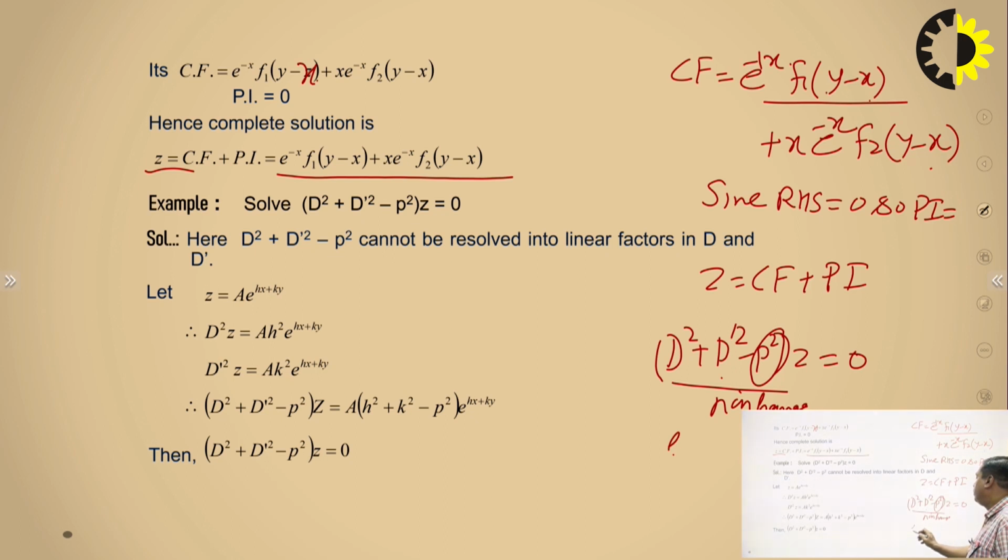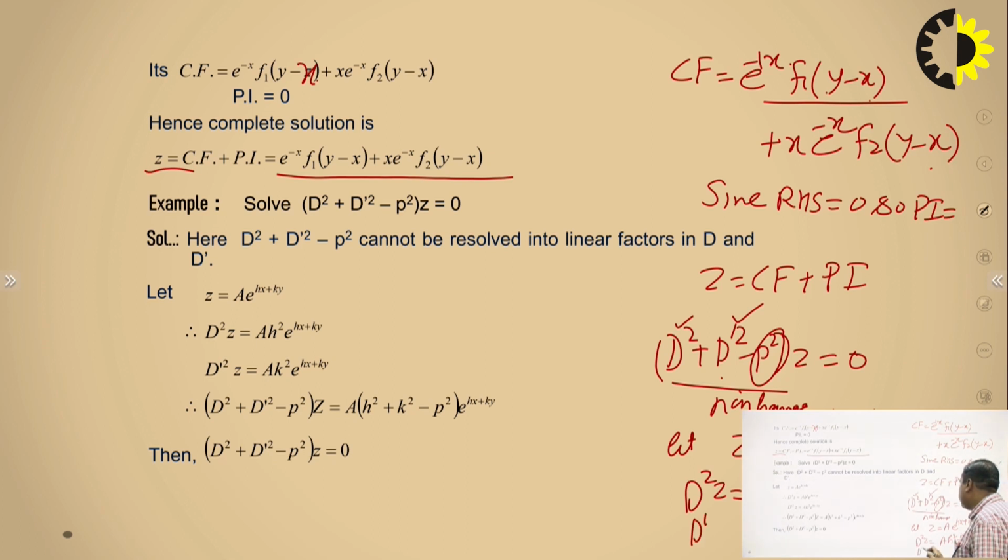Let us take z is equal to a e to the power hx plus ky. That is the trial solution. Now we shall find D square z, D dash square z. D square z is a e to the power hx plus ky into h square.